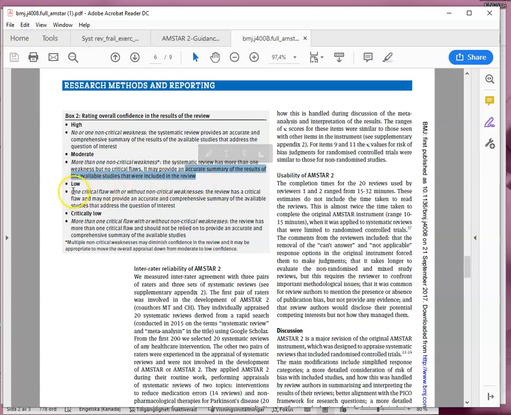Or is it one really critical flaw that has been made and they haven't been good? I think one part is about the data extraction and the study selection, that they didn't do it with 2 persons. I think that is one critical flaw. But is it very bad or not too bad?